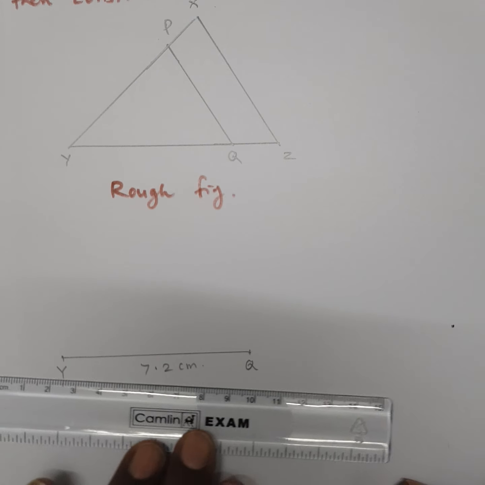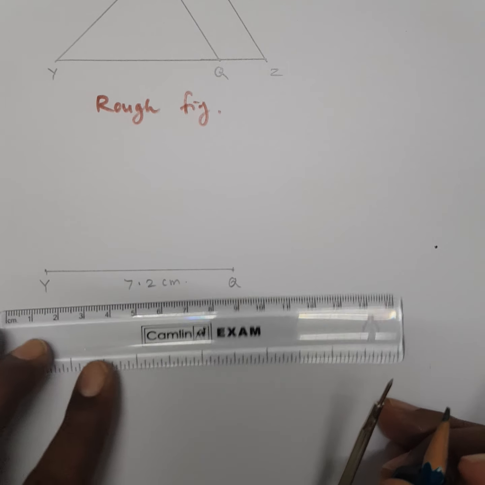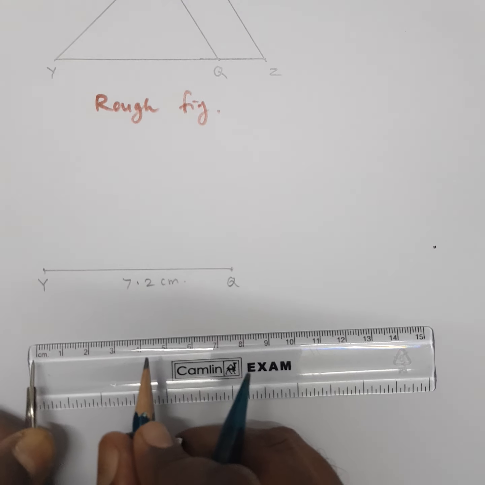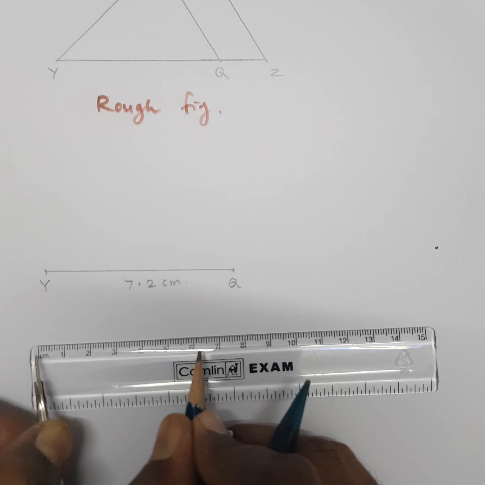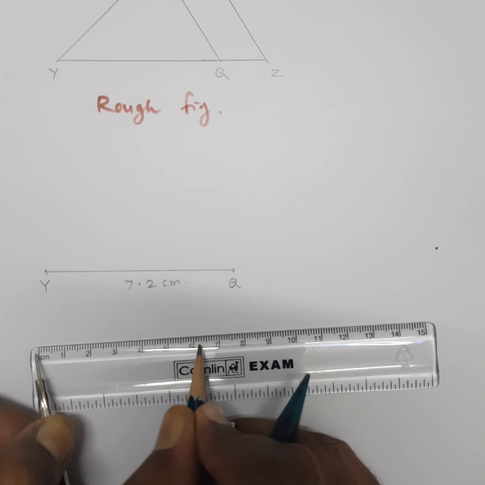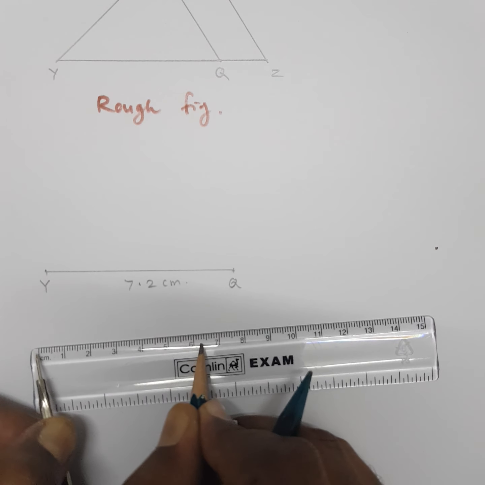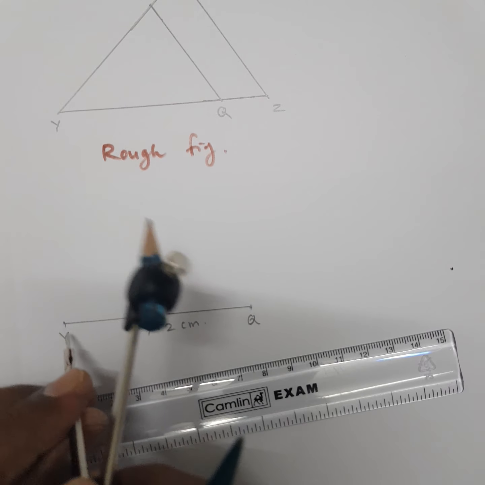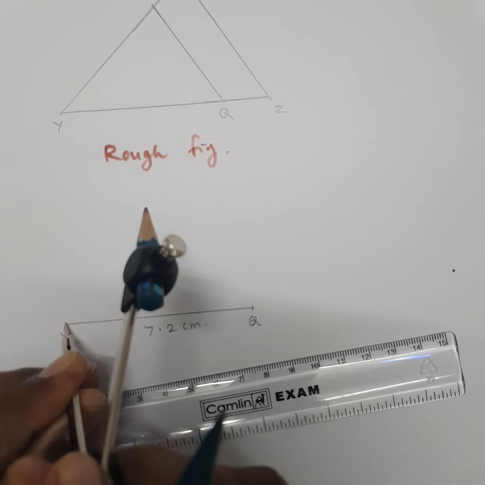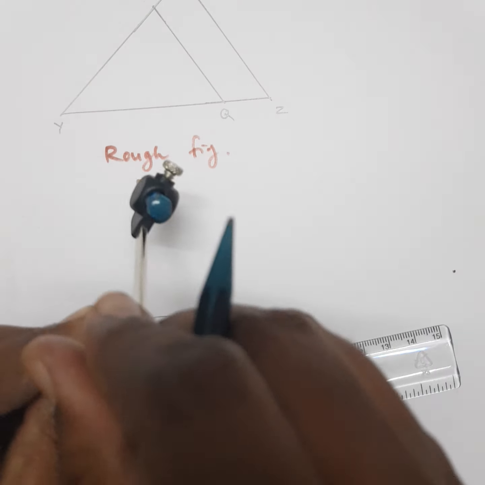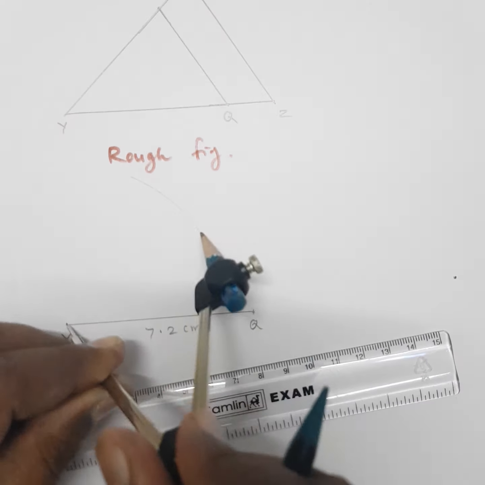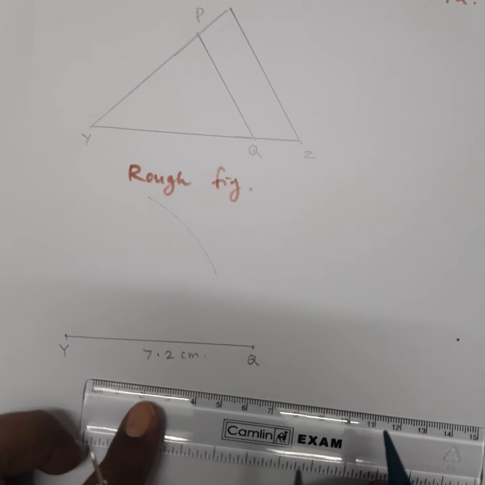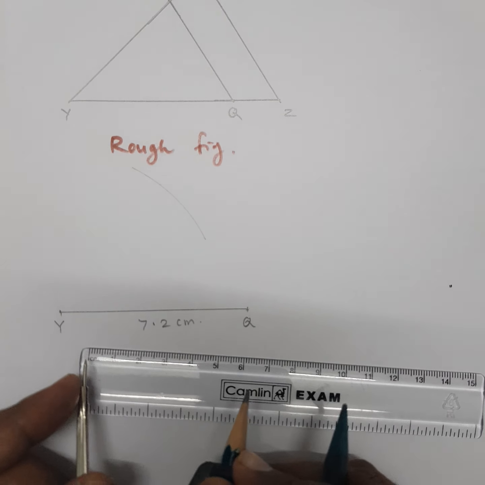We'll take distance 6.3 centimeter in the two ends of compass. Then PQ 5.8. Take 5.8 centimeter.